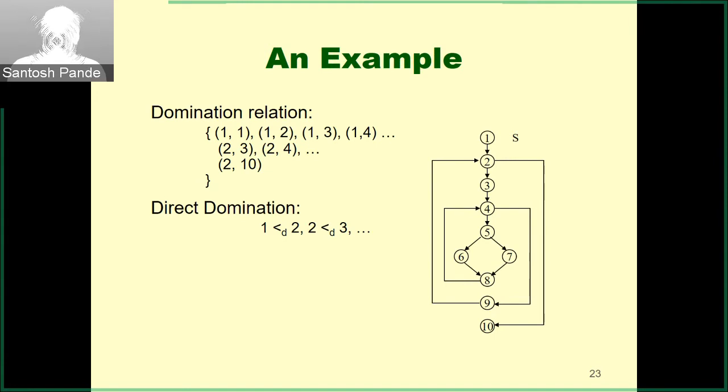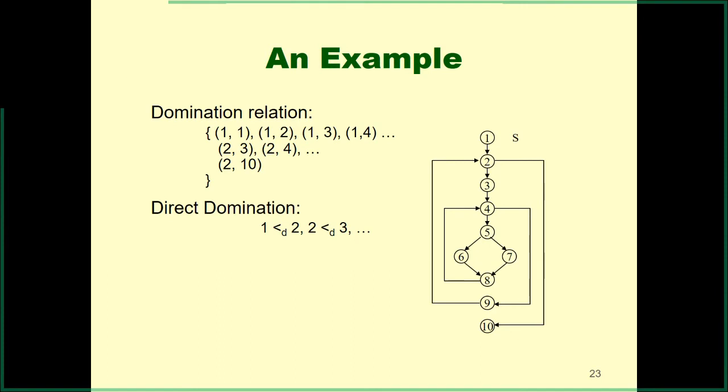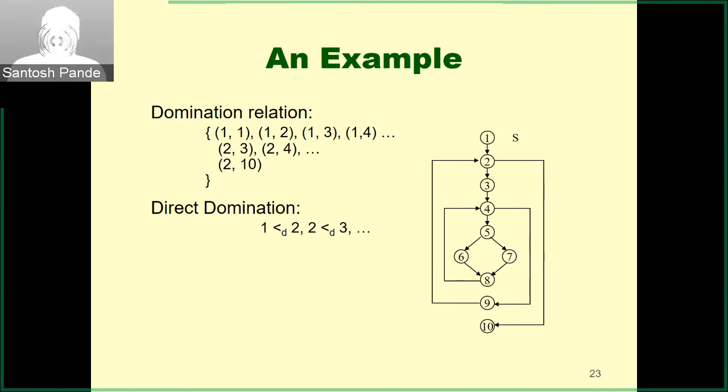Let's ask ourselves this question: does 5 dominate 6 or 7? If we had to go to 6, let's say, the question is, does 5 dominate 6? If you were to go to 6, you can see that the only way to get there is through 5, and therefore, yes, 5 does dominate 6. Now, does 6 dominate 7?